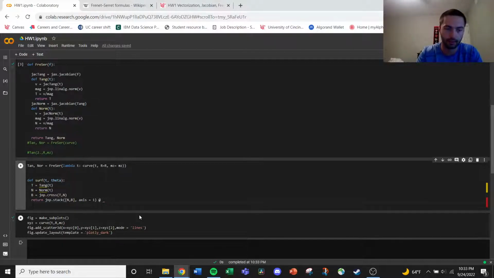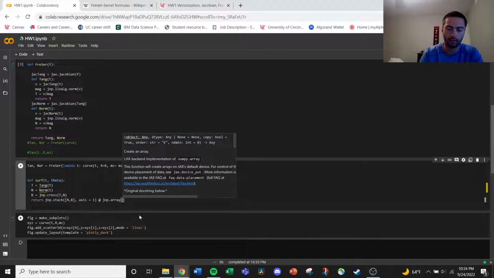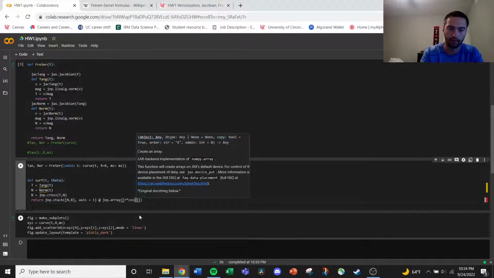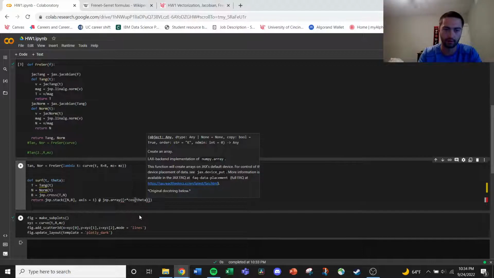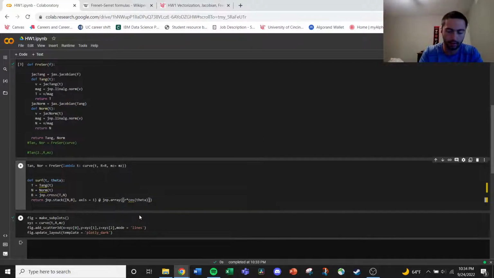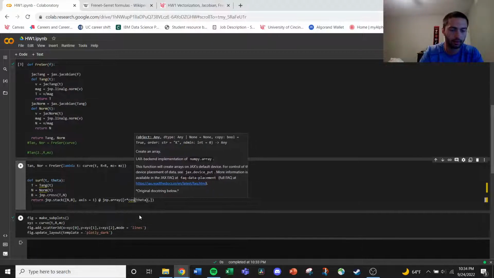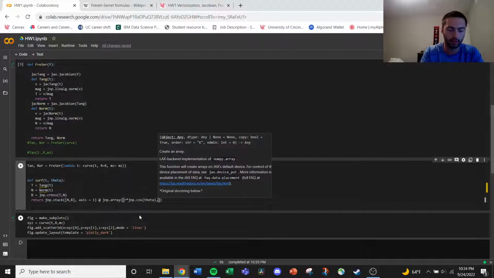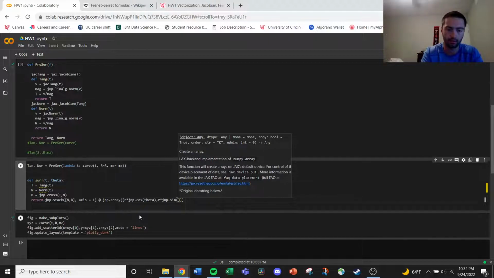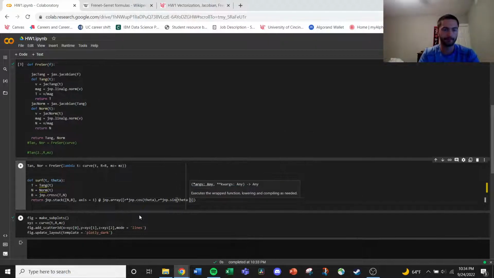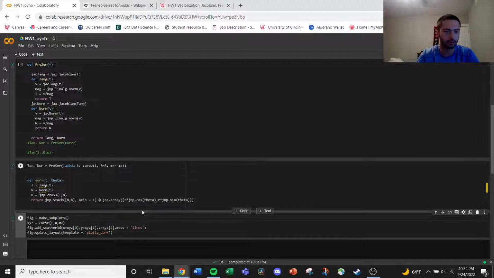That is going to be a matrix of the radius we want, and then the theta we feed the function. We need to do r times jnp.cosine of the theta we feed, and then the same thing for the y, which will be r times jnp.sine of the theta we feed, and this should be good.